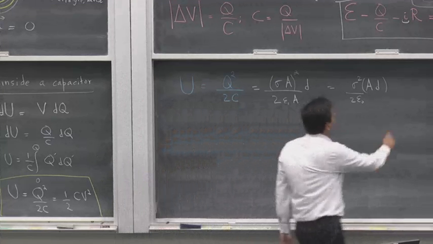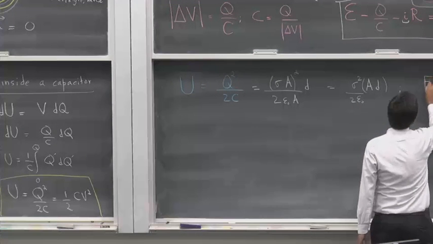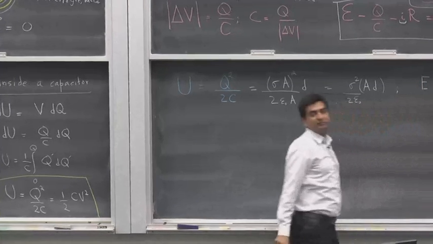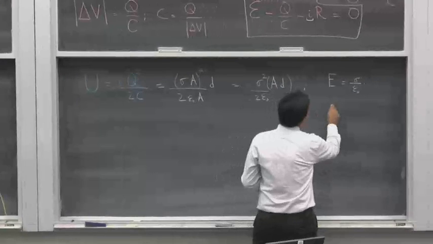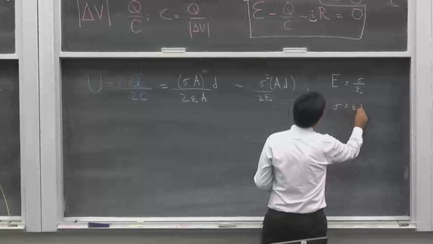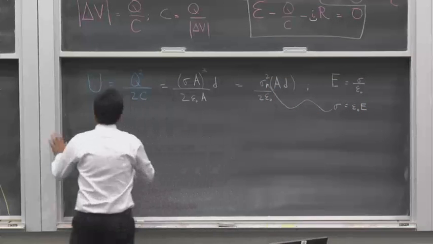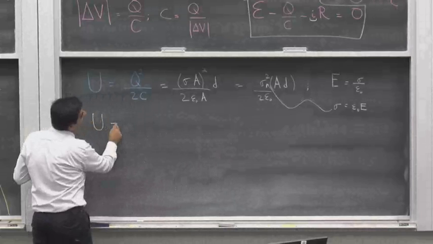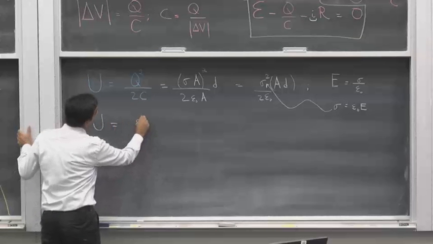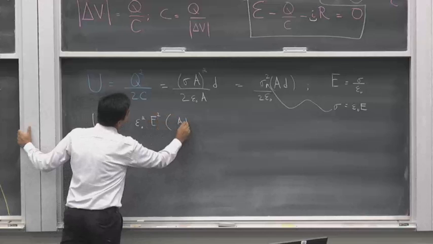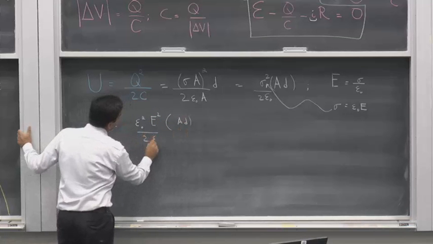Now what is the electric field inside the capacitor? The electric field inside the capacitor is sigma over epsilon naught. What is sigma? Sigma is epsilon naught times E. Let's put this in here. What I get is that the total potential energy is epsilon naught squared E squared A d over 2 epsilon naught.